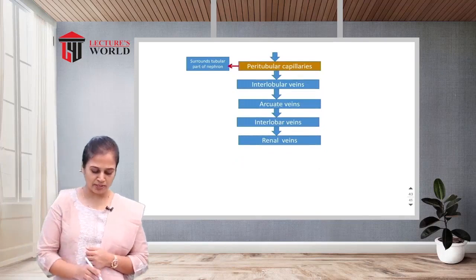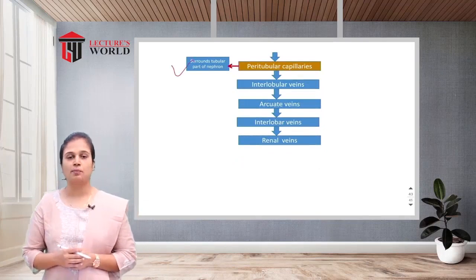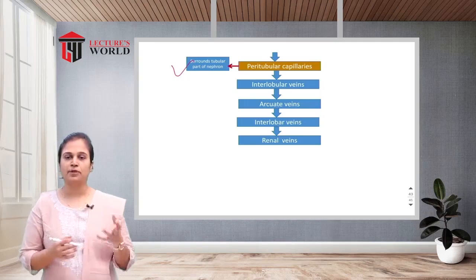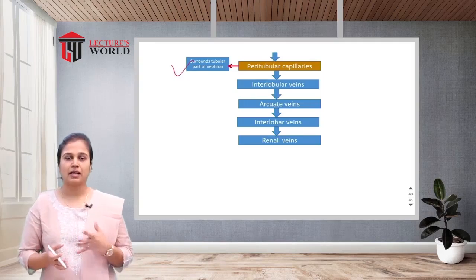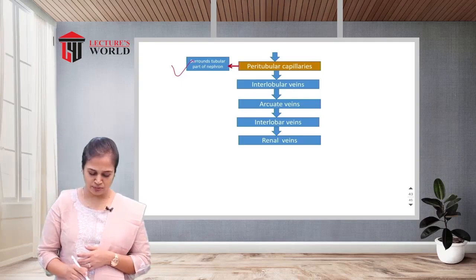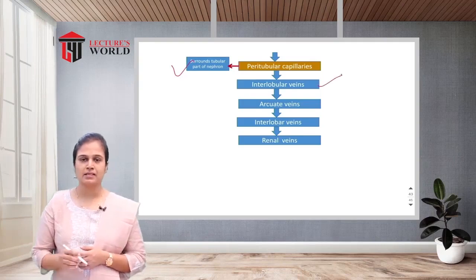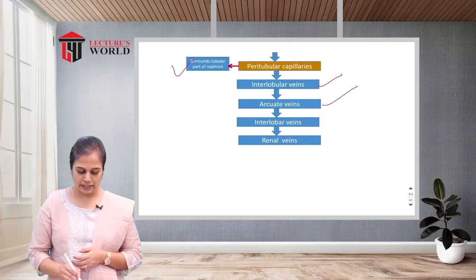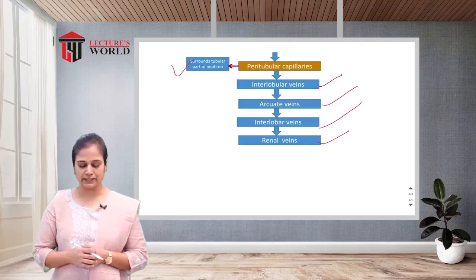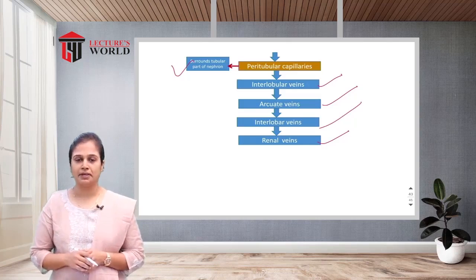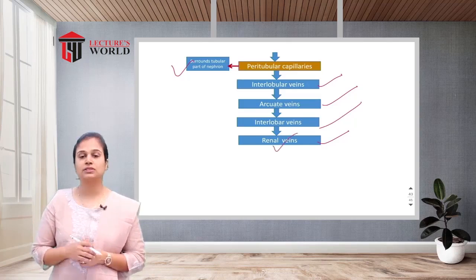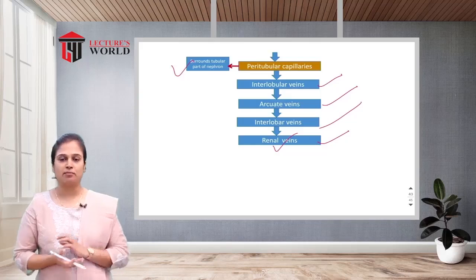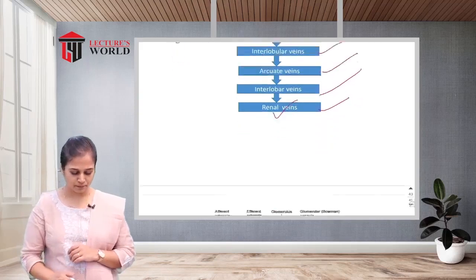These peritubular capillaries surround the tubular part of the nephron, and from the peritubular capillaries, it transmits to the interlobular veins, arcuate veins, interlobar veins, renal veins, and lastly it drains into the inferior vena cava. So this is about the blood supply of the kidney.